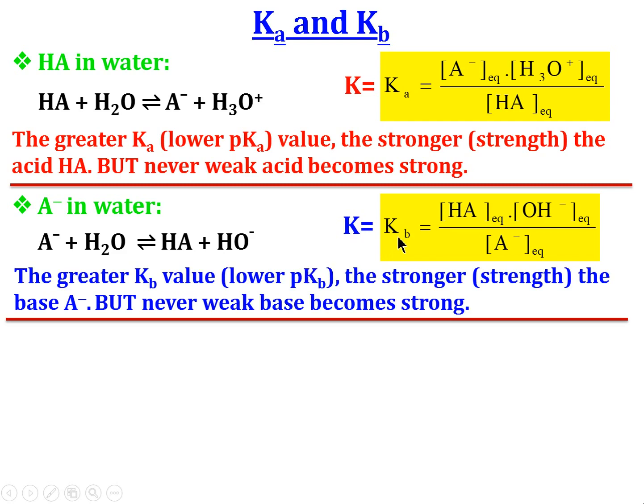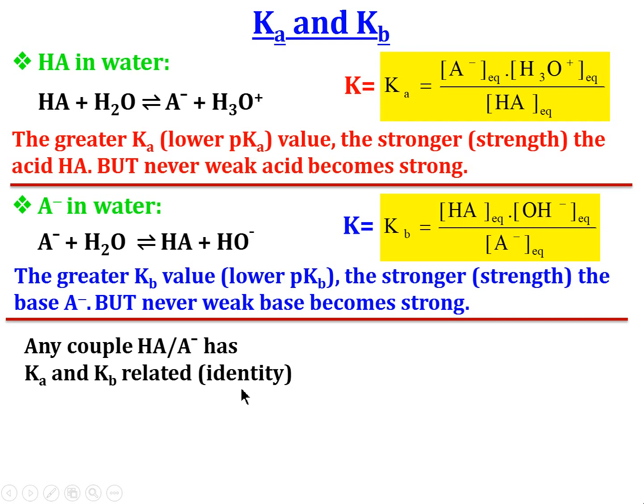As Kb increases or pKb decreases, the concentration of OH minus for a known initial concentration C will increase. So the base A minus is stronger, but never does a weak base become strong.